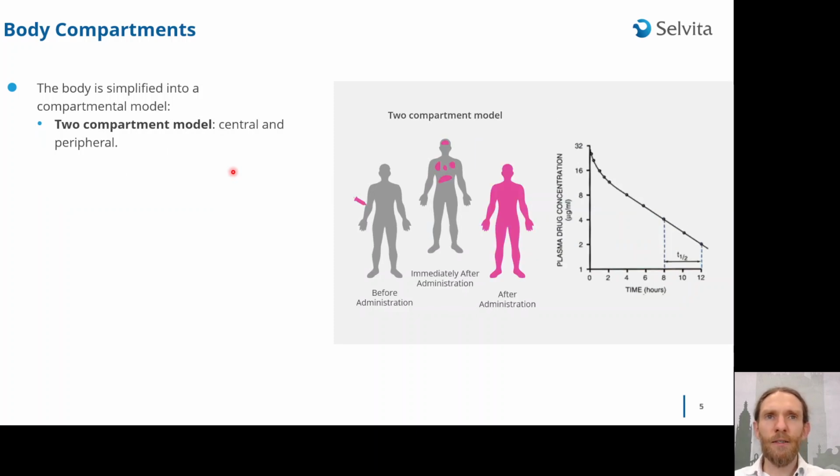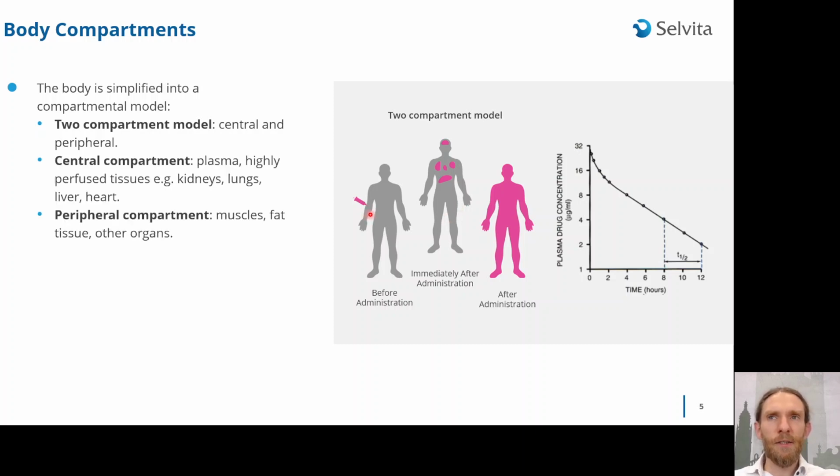The second model is a two-compartment model. Here we have central and peripheral compartments. Immediately after administration, the drug gets distributed into highly perfused organs. Of course, it will be present in plasma, but also in highly perfused organs like kidneys, lungs, liver, and heart, and also brain.